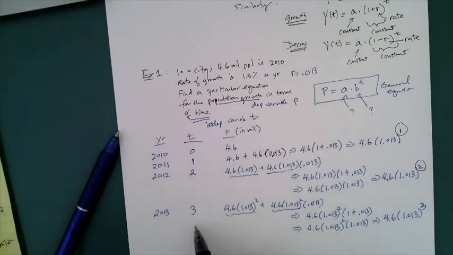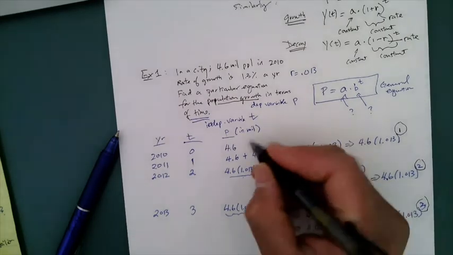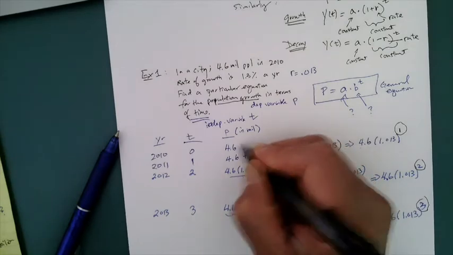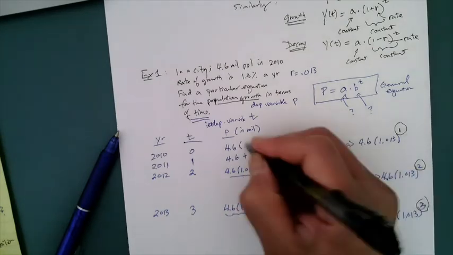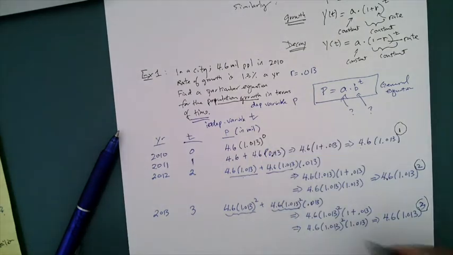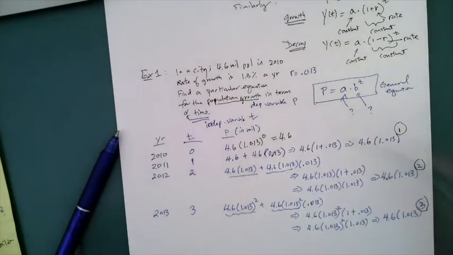And then year 3, 4.6 times 1.013 to the 3rd power. So you can almost go back and say the first year is 4.6 times 1.013 to the 0 power. Makes sense, right? Anything to the 0 is 1, so you still end up with 4.6 right there.